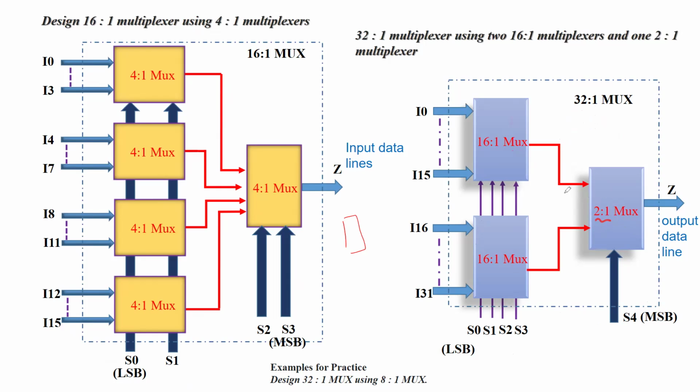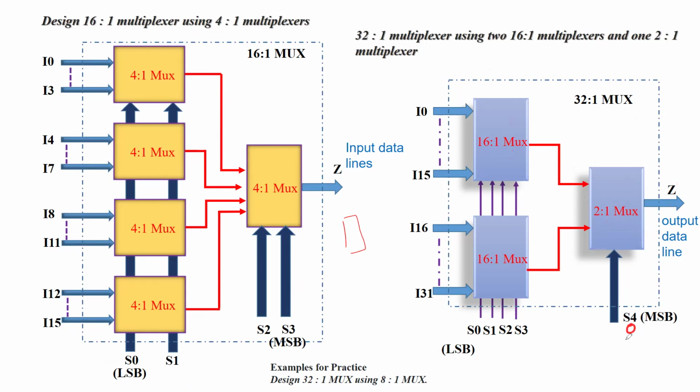For the 2:1 MUX, obviously X and Y are its own input data lines. One is its output data line, which is also the final output data line of the 32:1 MUX. And this is how you can now see that together, in this dotted box, this architecture is making a 32:1 MUX.